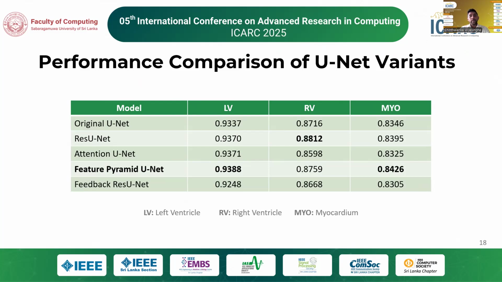The feedback residual unit recorded the lowest scores across all structures, particularly for myocardium. While feedback connections aimed to iteratively refine predictions, their computational complexity may not have yielded significant performance gains, especially compared to approaches like feature pyramids.